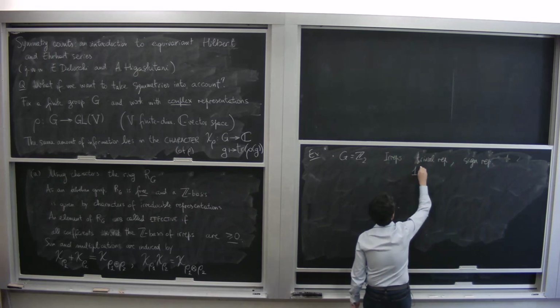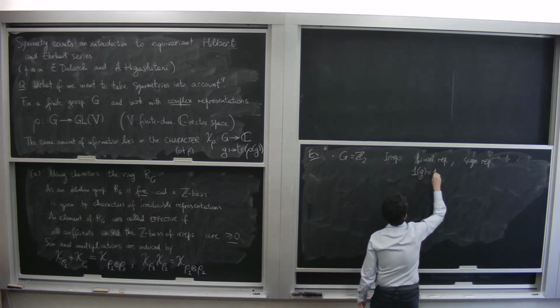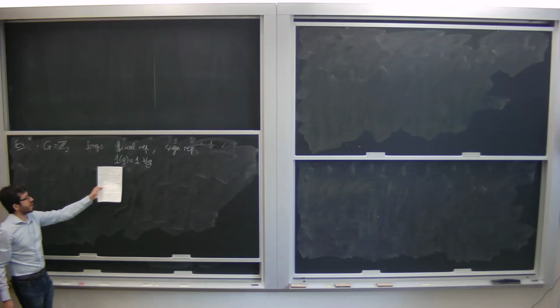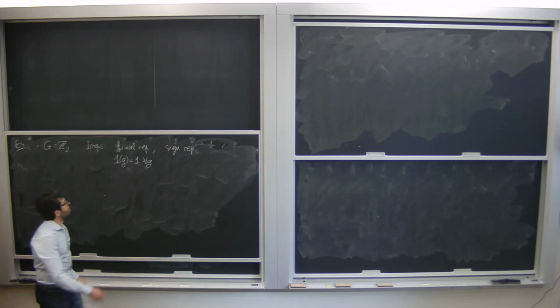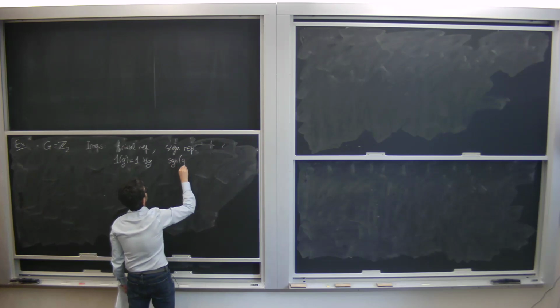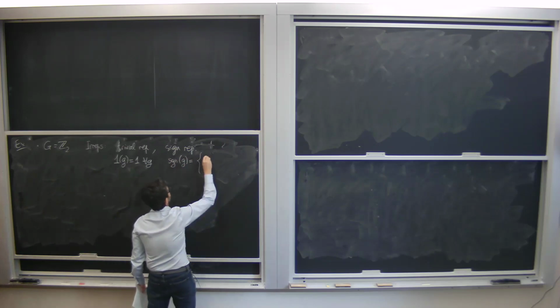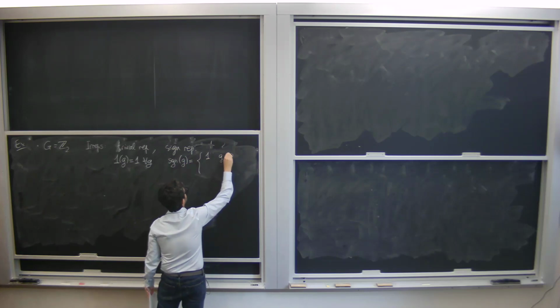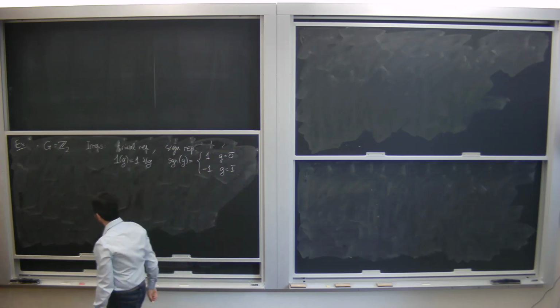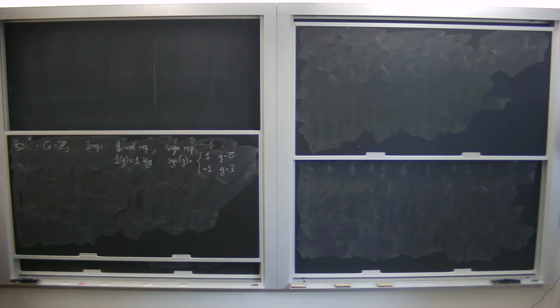This one is just defined as: whatever I do, I just get 1 in response. Whereas for the sign representation, I'm just going to get 1 when g is 0 and -1 if g is 1. In this case, both are one-dimensional representations, so I don't really need to distinguish between the representation and the character. In general, I could get something of which I need to take the trace.